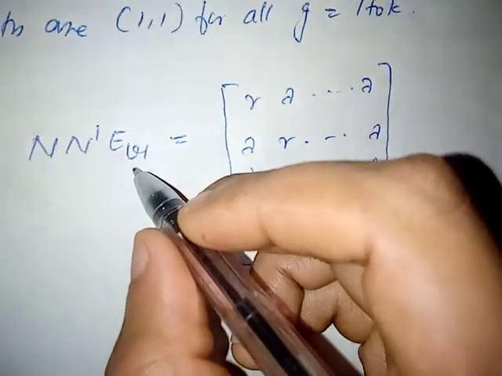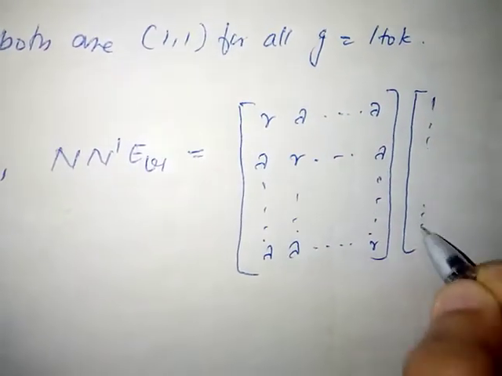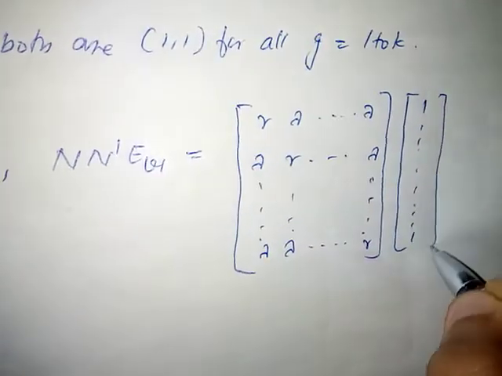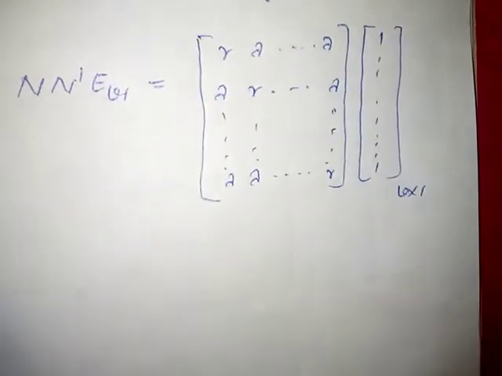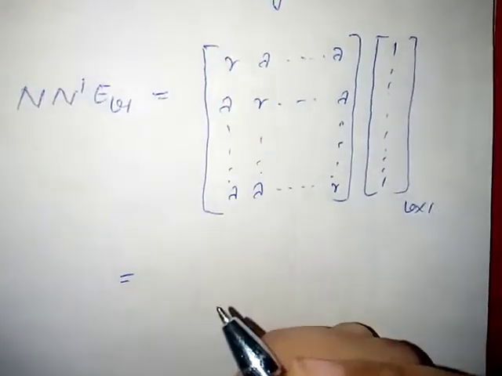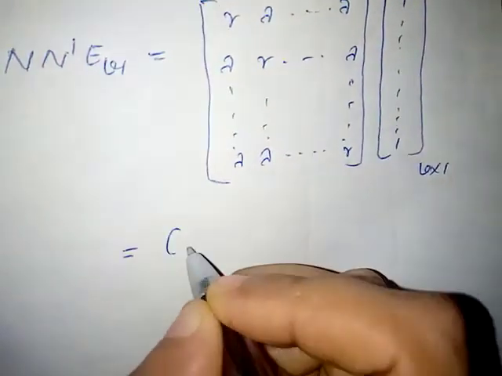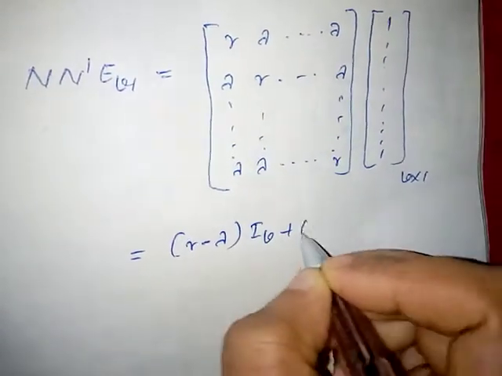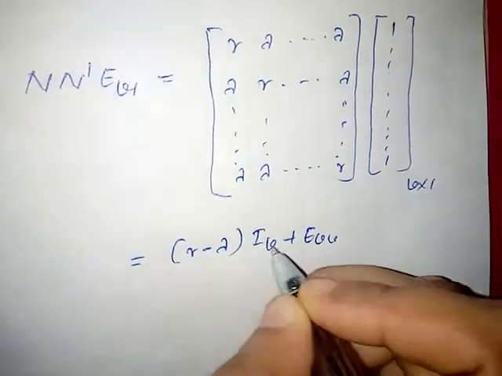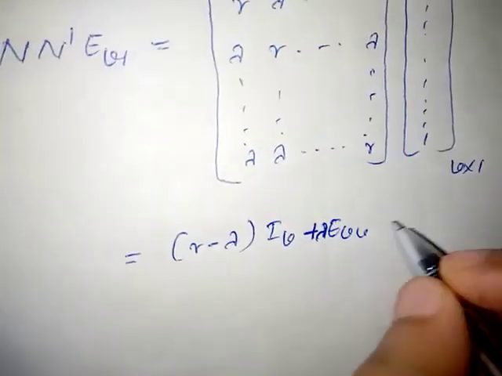And E_v1 is a column vector of order v cross 1, right? What is this matrix? N N transpose is equal to (r minus lambda) I_v plus lambda E_vv.